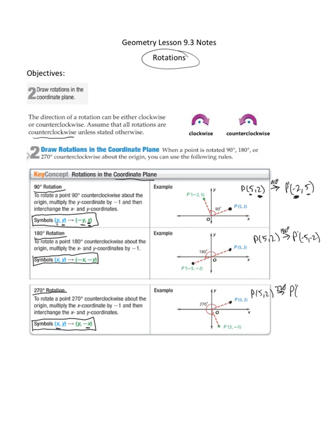P prime is going to be flip the ordered pair, so (2, 5), and change the sign, so (2, -5). And you can see that graph here. That'd be a 270-degree rotation. So we'll use those rules, because you can think of these as rules for rotating in the coordinate plane.